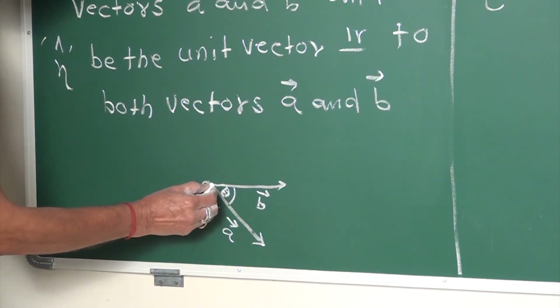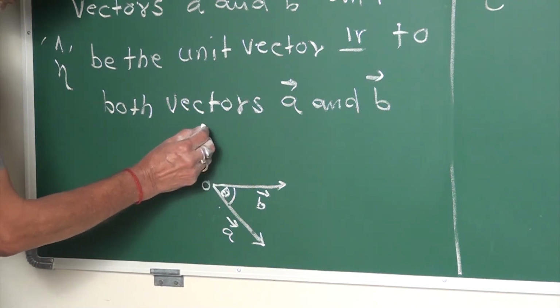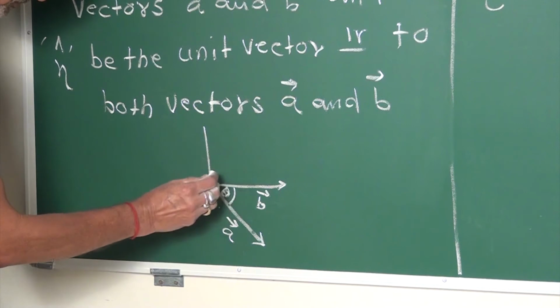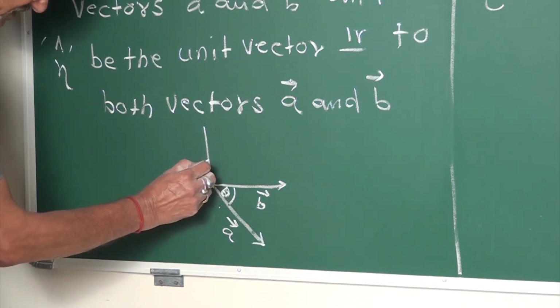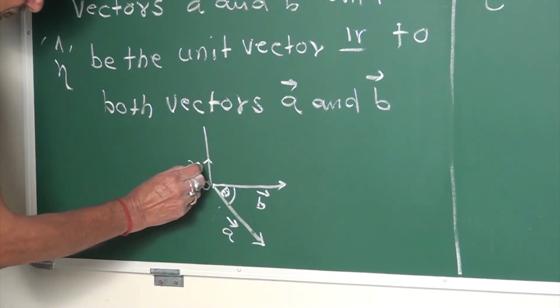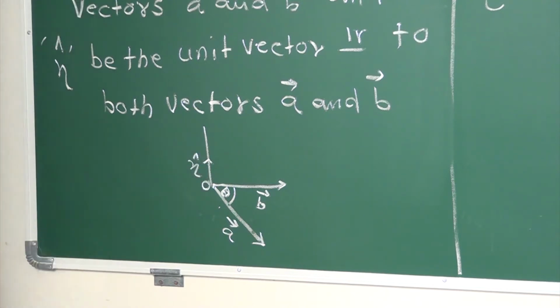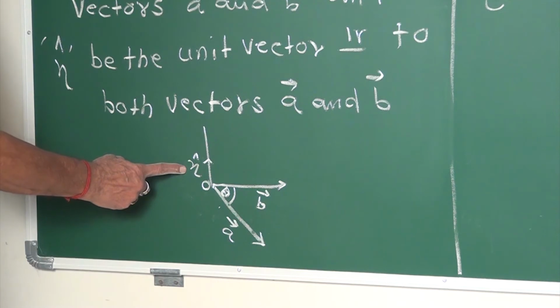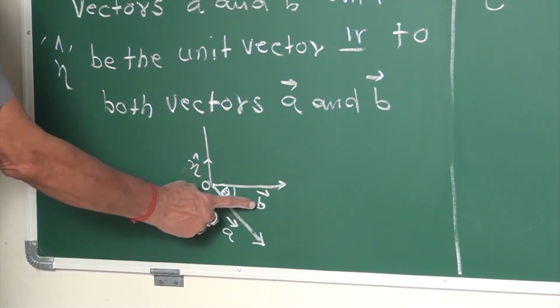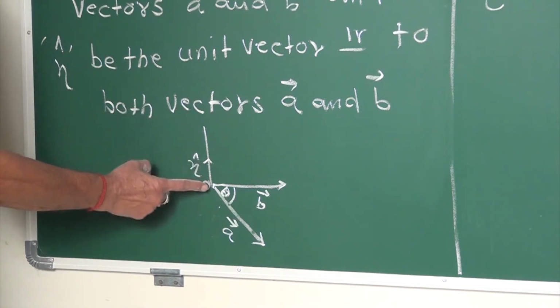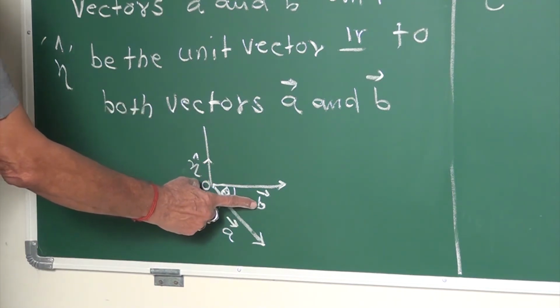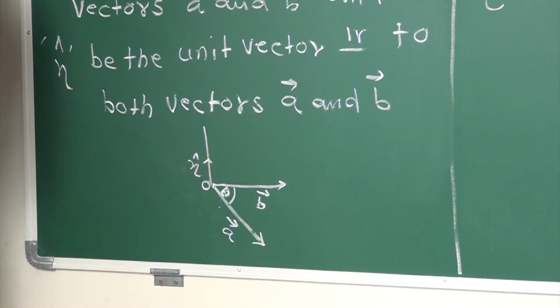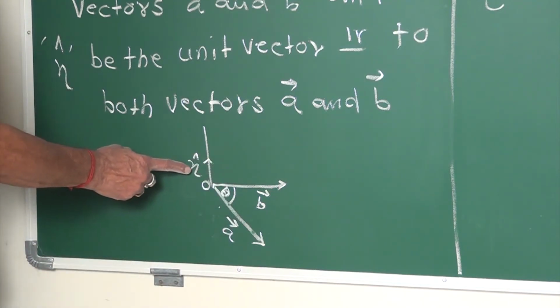Then this is, my friend, the unit vector. This is eta cap. It is a unit vector in the direction perpendicular to both vectors A and B. My friends, this is eta cap.